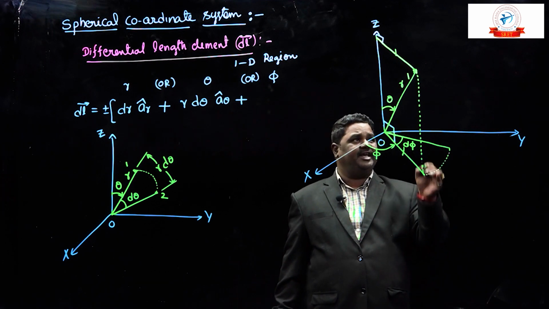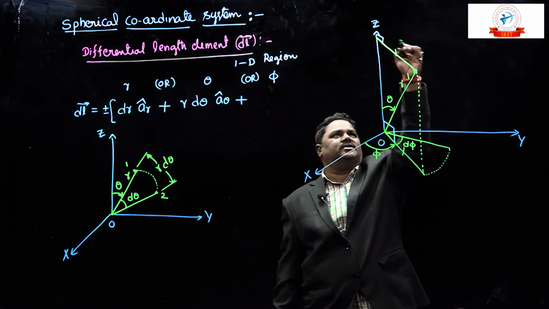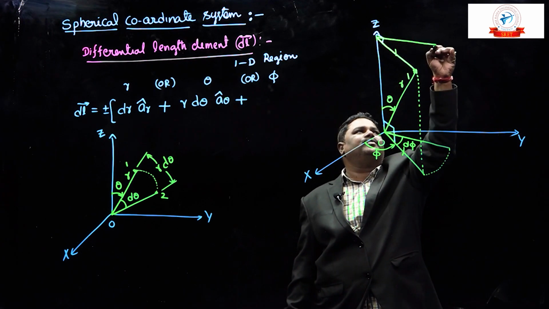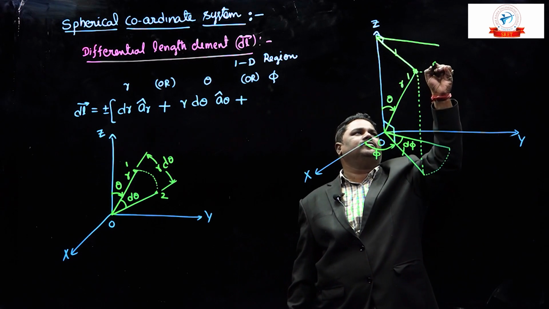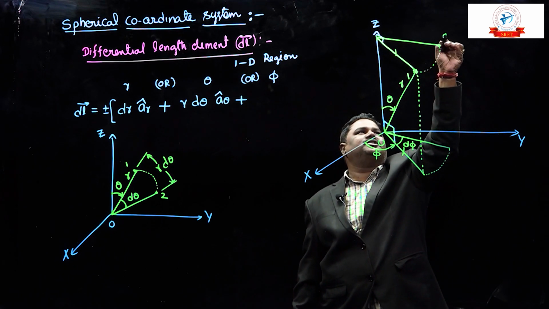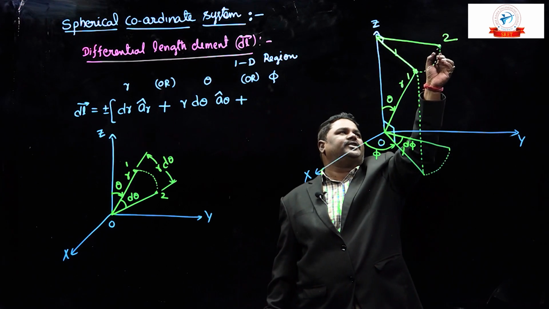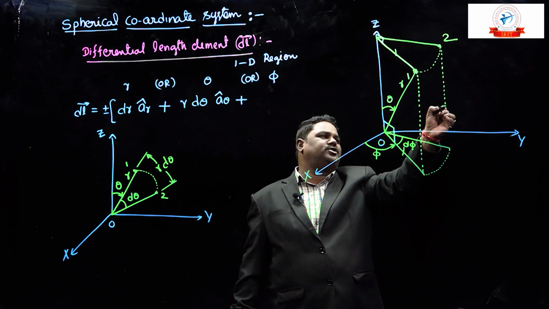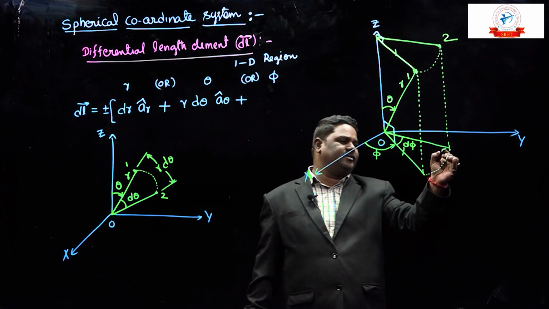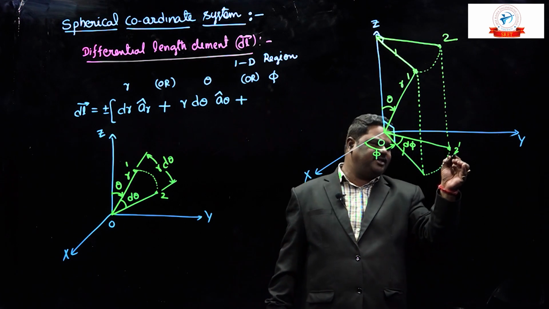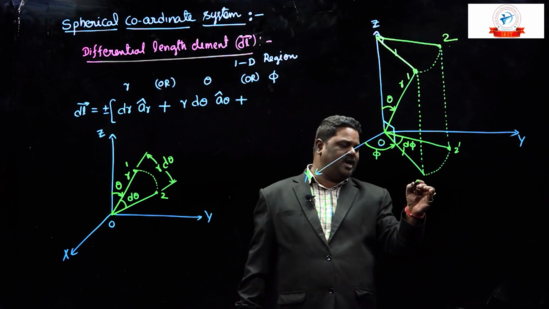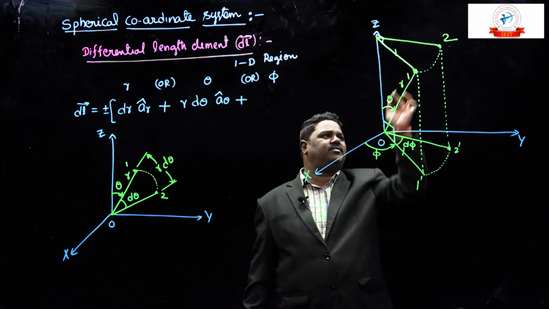Similarly, the actual point also moves from one location to another along a curved path. This is location 2. Here the projection of point 2 is shown, which we can say is 2 dash, and this is 1 dash, which is the projection of 1.